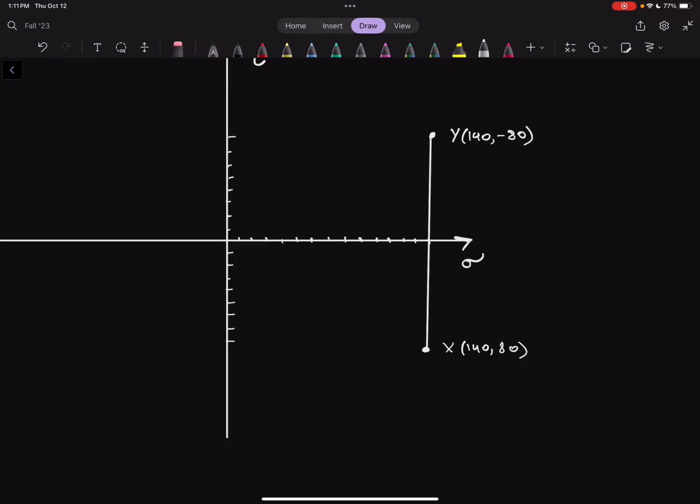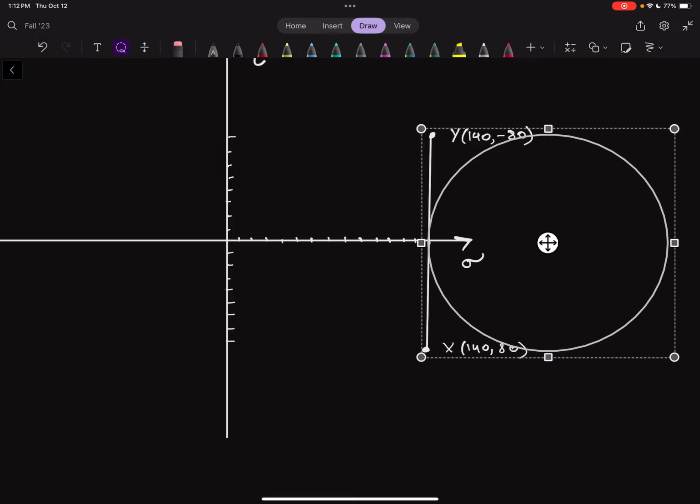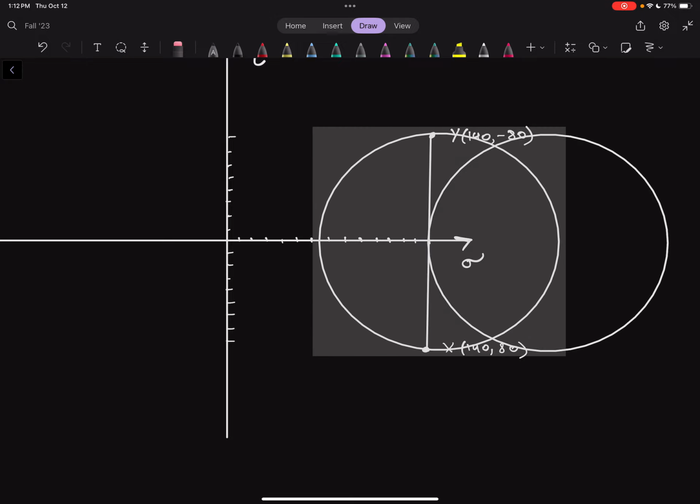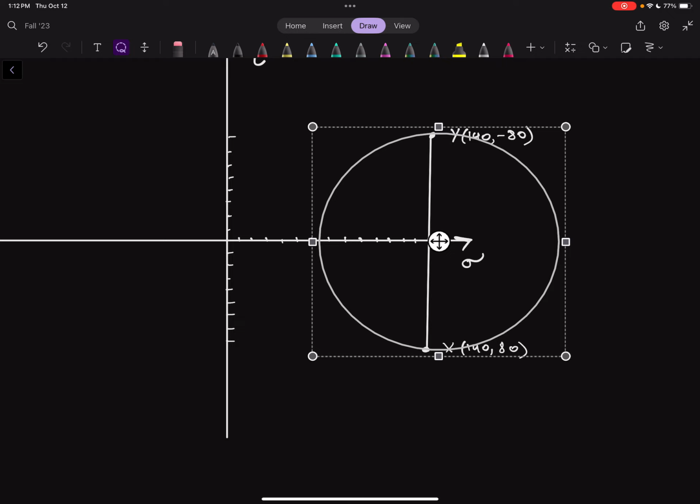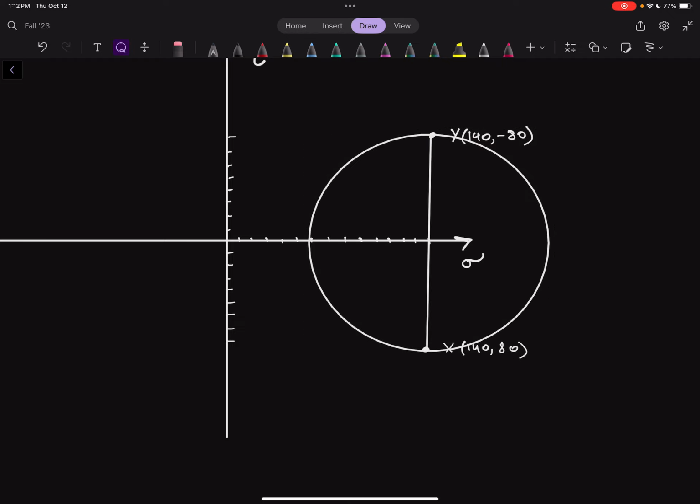But remember, this is not the radius. This should be the diameter. So let's make a circle here. And let's just try to keep it at the center right here.